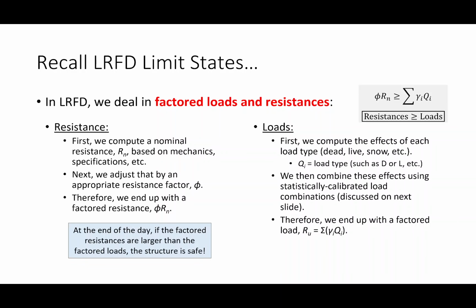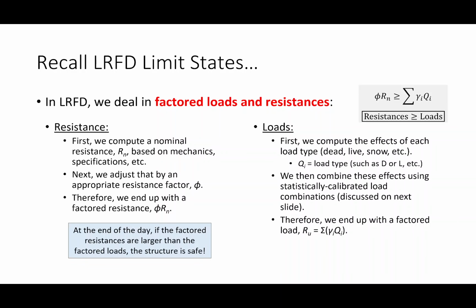Factored loads come from three areas. First, we have to determine where those loads come from, like ascertaining wind pressures and live loads. We then do structural analysis to get the load on a given component, and then we factor those loads to get a factored load.